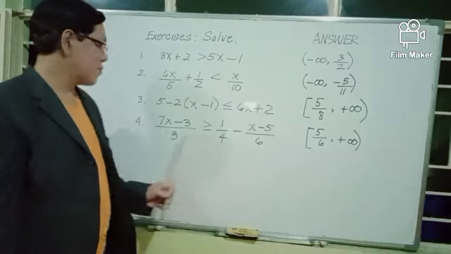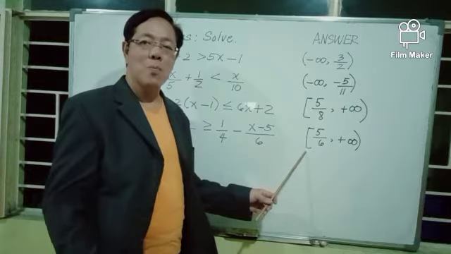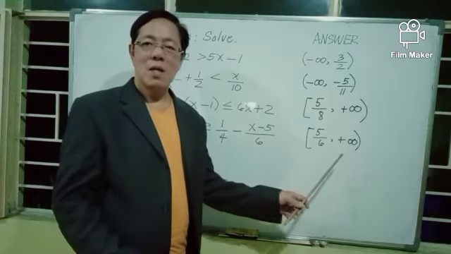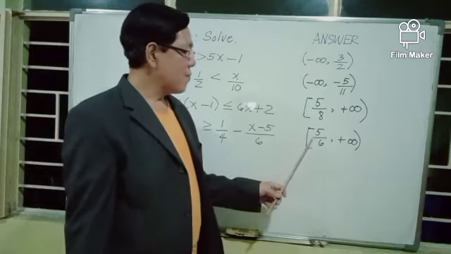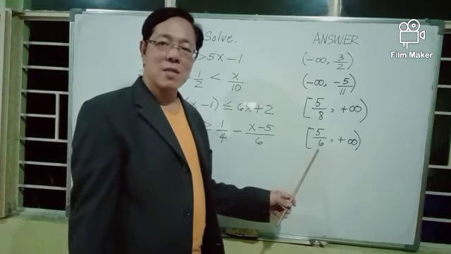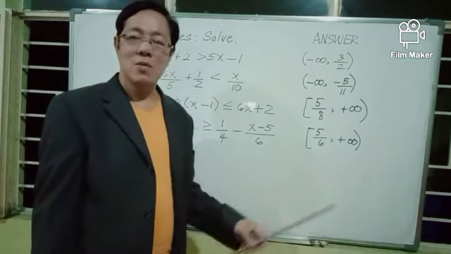And the solution for number 4 using interval notation is given by this half open to the right interval. The solution consists of all those values of x from 5 over 6 and greater than 5 over 6. And 5 over 6 is one of the solutions.